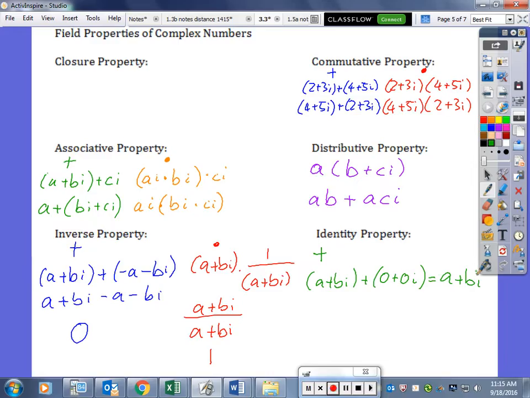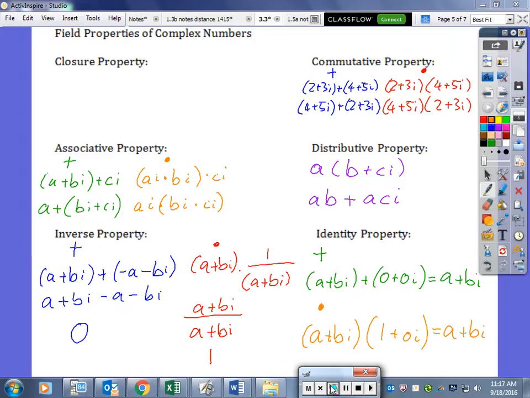And the identity property of multiplication: a plus bi times 1 plus 0i. If we do this, then we will still have a plus bi. I changed the color there for you to make it a little clearer.